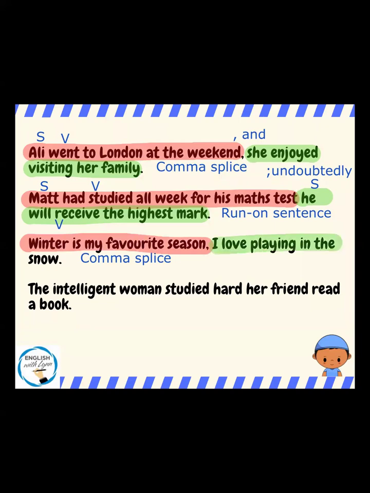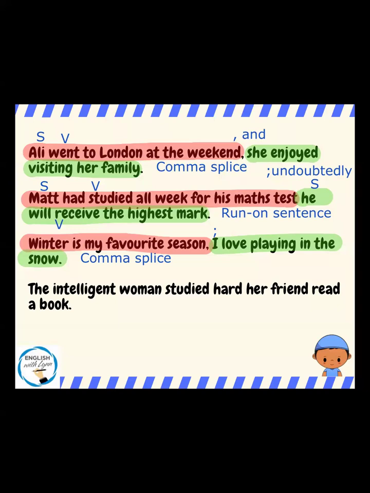I love playing in the snow is the second main clause. And I think I could have an and I love playing in the snow. But I think because they are quite closely related, I'm going to go for the semicolons this time. So I'm just going to have a semicolon between the two main clauses.